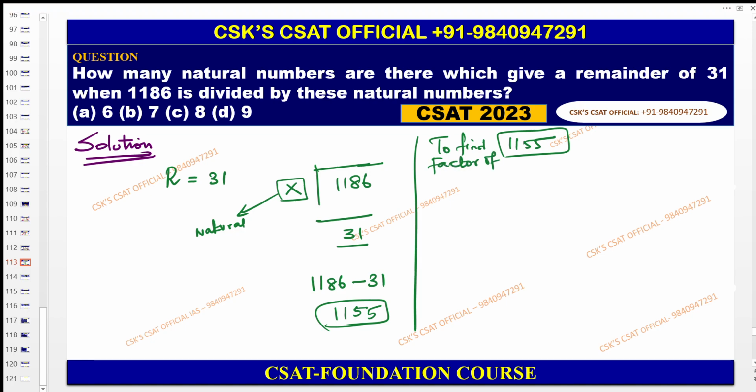How can you find the factors? Use the prime factorization method. In your foundation class itself, I taught these things to all the batches. Prime factorization of 1155. So divide this one, 1155. Then tell me what could be this one.